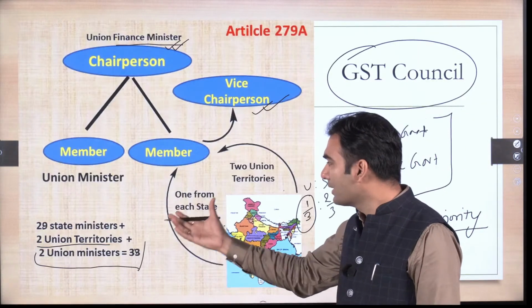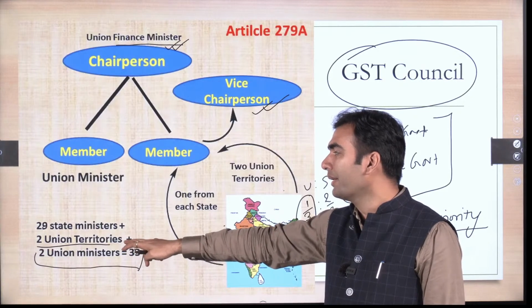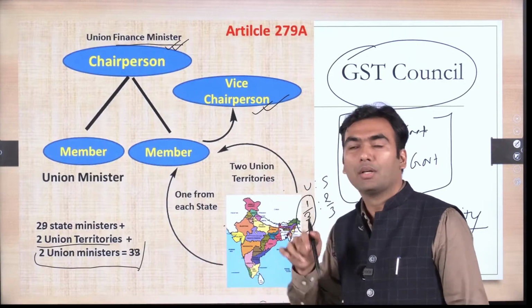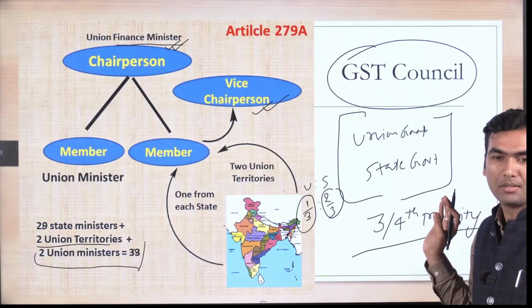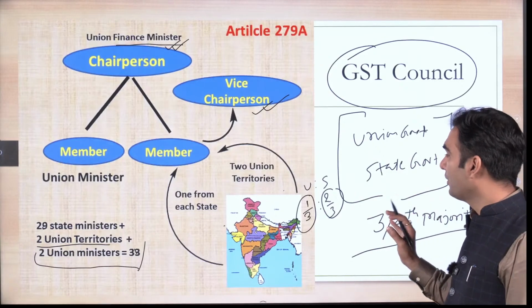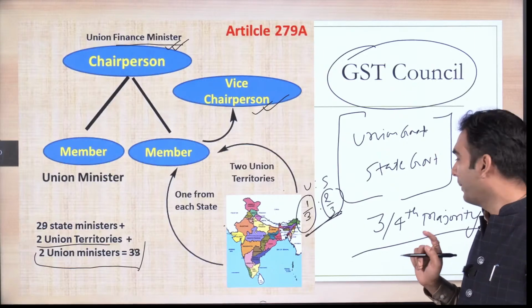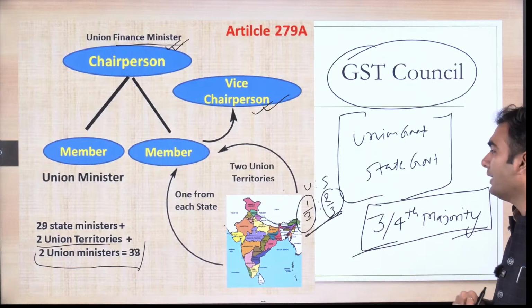And all these 28 plus 2, 30 members, their votes put together would have the weightage of 2/3 or 66%. Now, for any resolution to be passed, any decision to be made, 75% of the vote must fall in its favor.